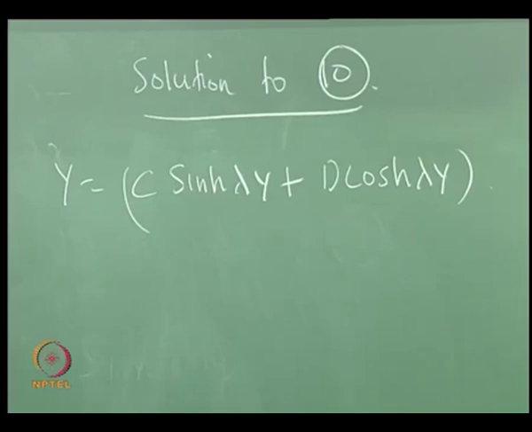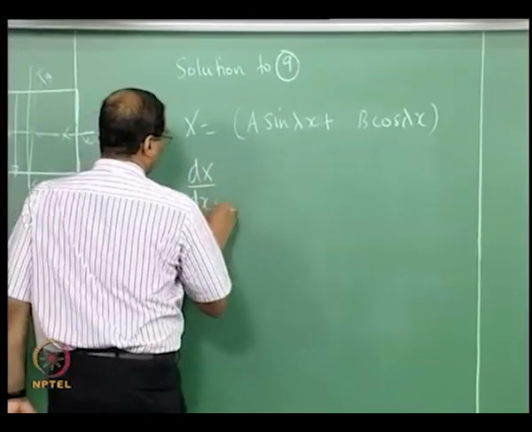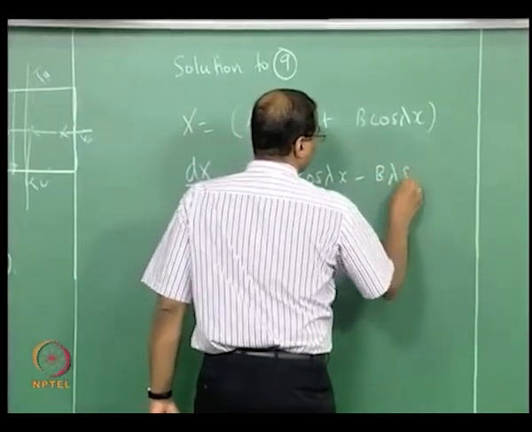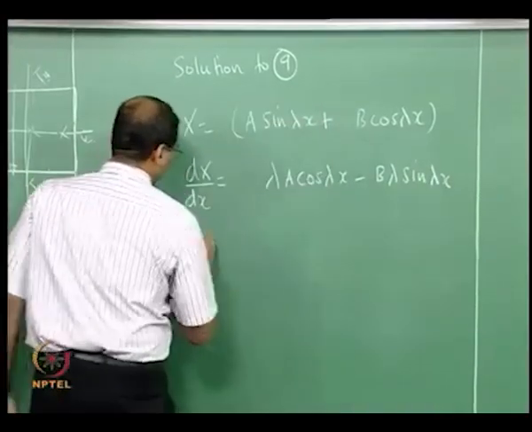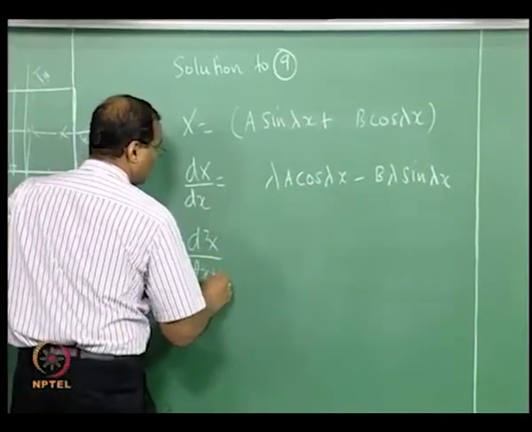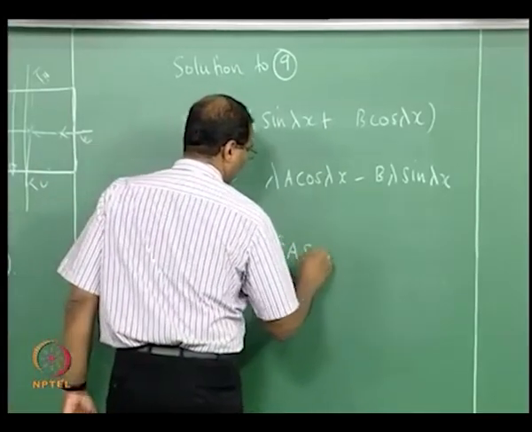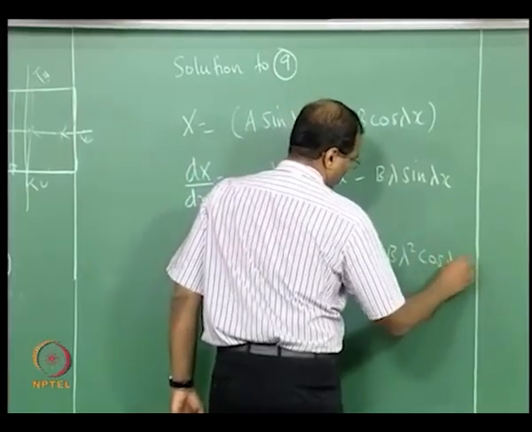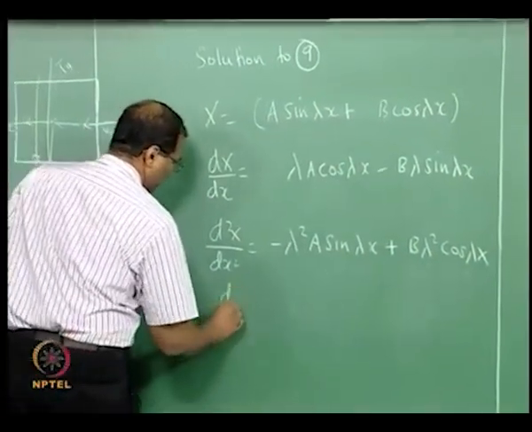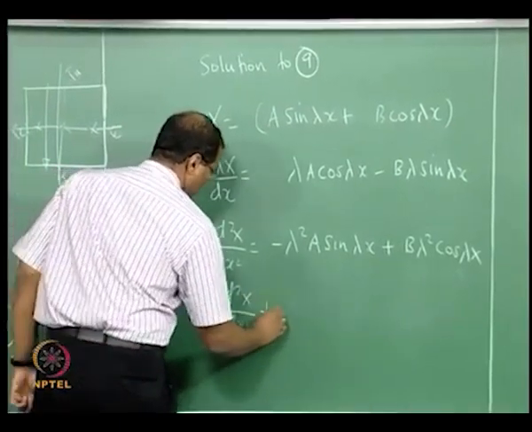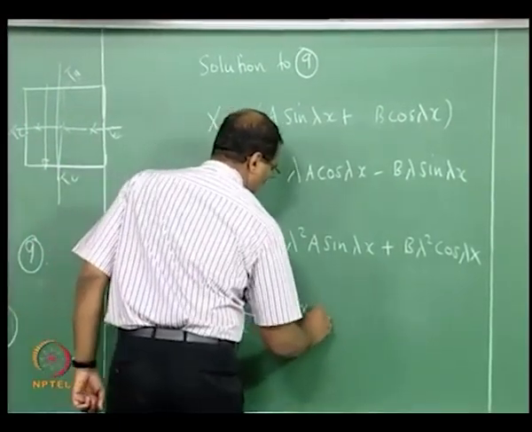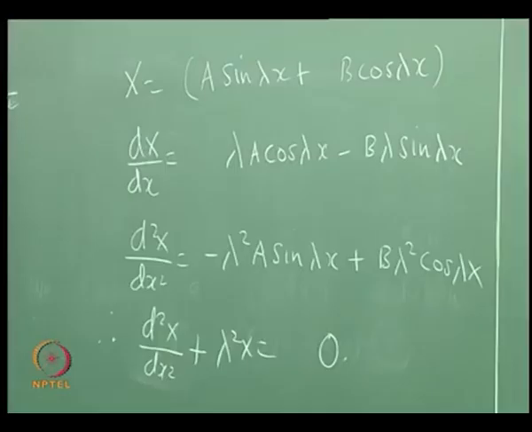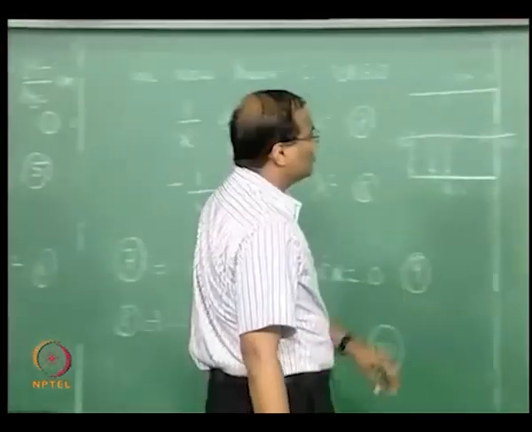So, d squared X by dx squared, because the solution is a sin lambda x plus b cos lambda x.